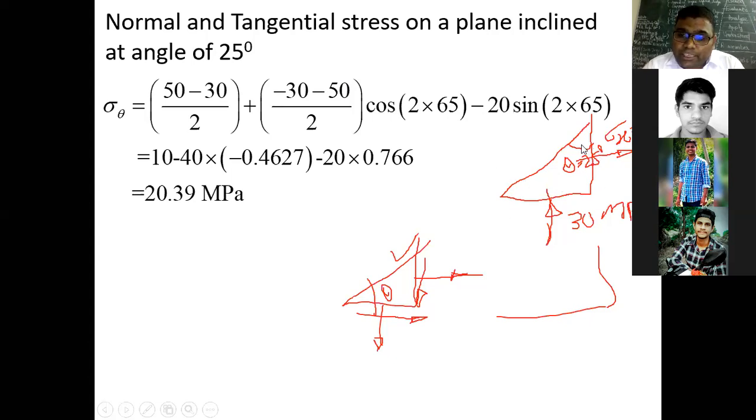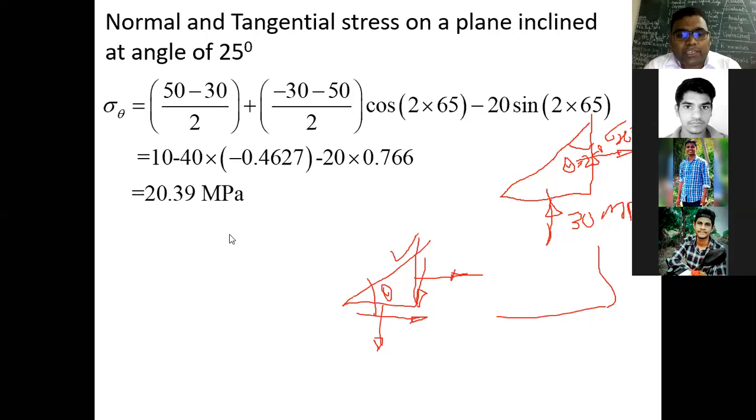So this angle you have to transfer here because this formula is only valid for this condition, what you have taken initially. Every time you have to keep this in mind and convert it like this. You will understand everything. I just put in the values and got this. This is the answer.